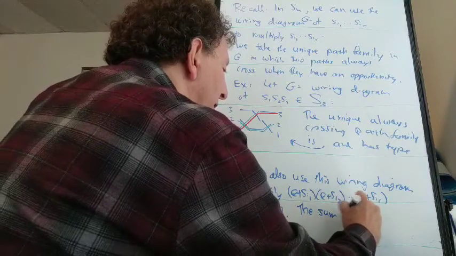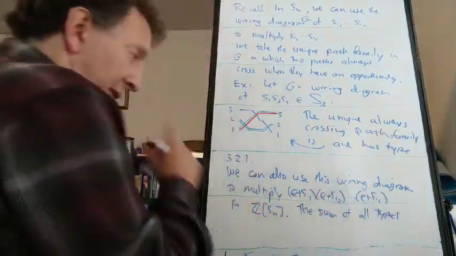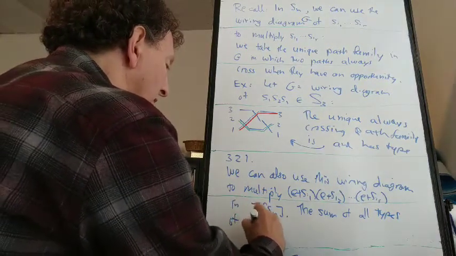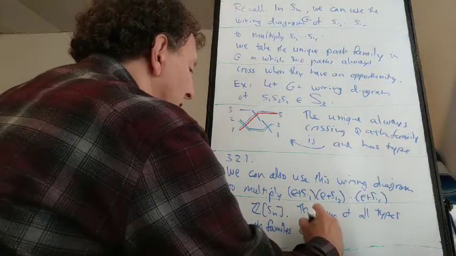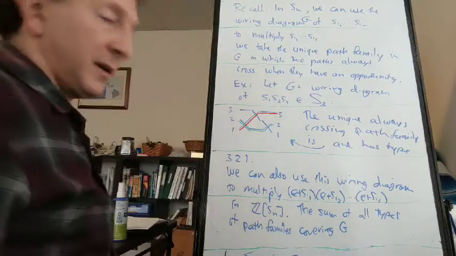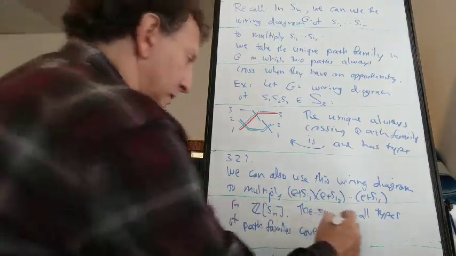So the sum of all types of path families covering G gives us the product in the group algebra.